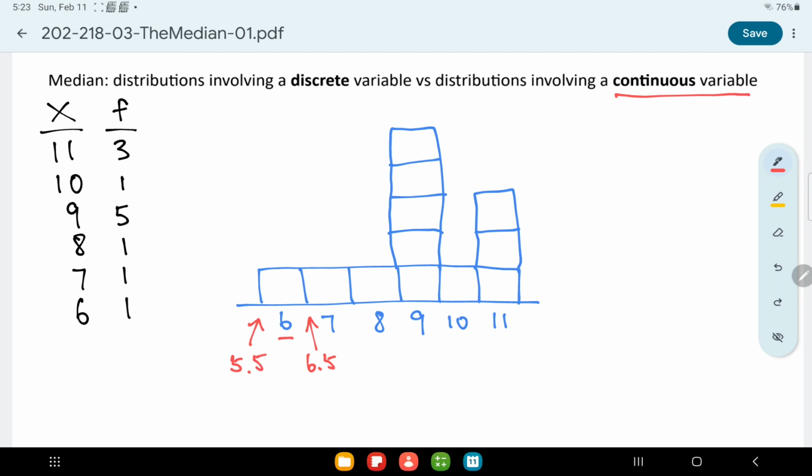Do you see? Now, one way, of course, in a previous tutorial, we've shown how to figure out exactly where the median is by considering the midpoint that would cut the entire graph right here, that would divide two areas in this histogram, the two areas that are the same.